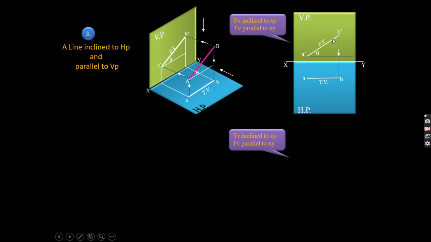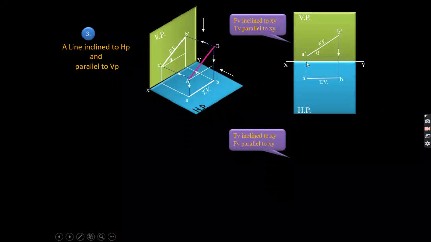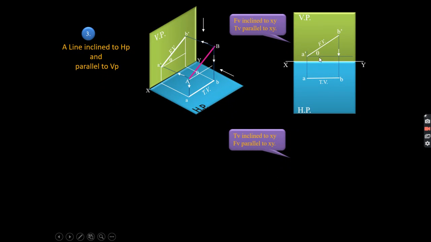Whenever you are drawing the projection of the line, first you have to draw the front view. The position of this point is 20 mm. Then you can draw this line at a 30 degree angle, and the length of this line is 50 mm. So you will get the front view of the line AB. After that, you can draw the projectors.